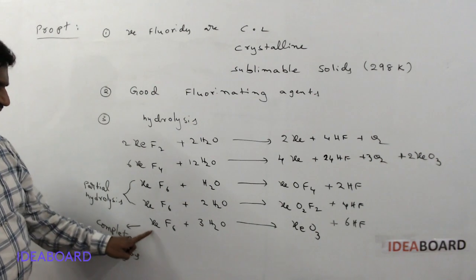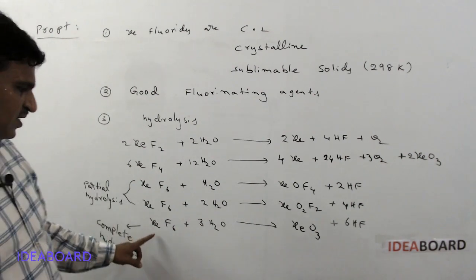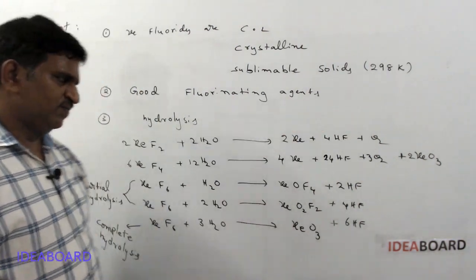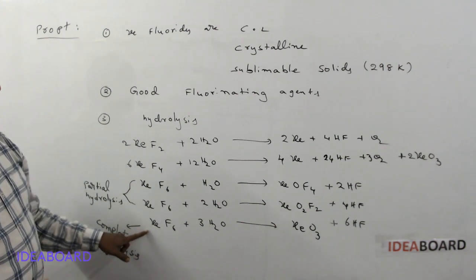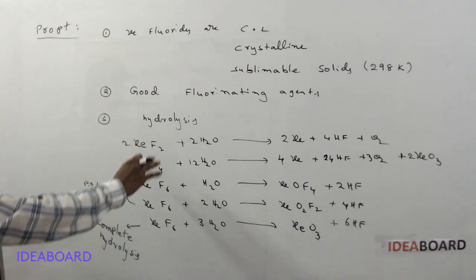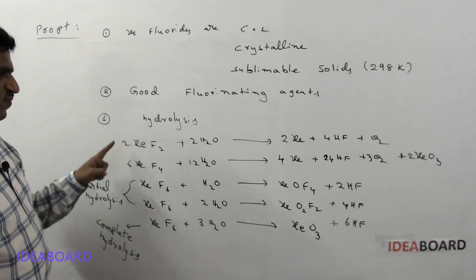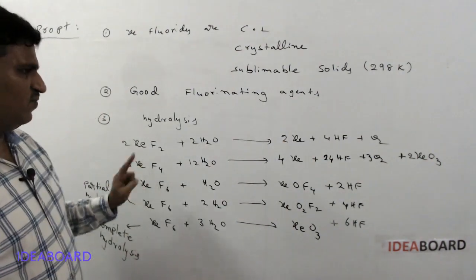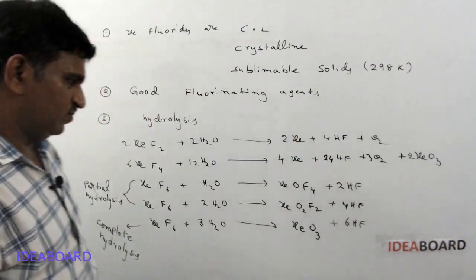If it is a complete hydrolysis process, it gives xenon trioxide and HF. So this method is also used for xenon trioxide preparation. This is the hydrolysis reactions of different xenon fluorides. Difluoride gives only xenon, HF and O2. Tetrafluoride gives xenon trioxide, xenon, HF and O2.